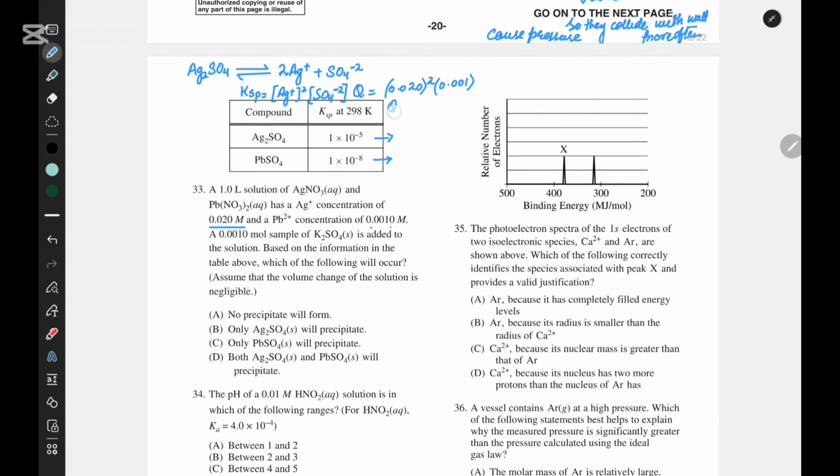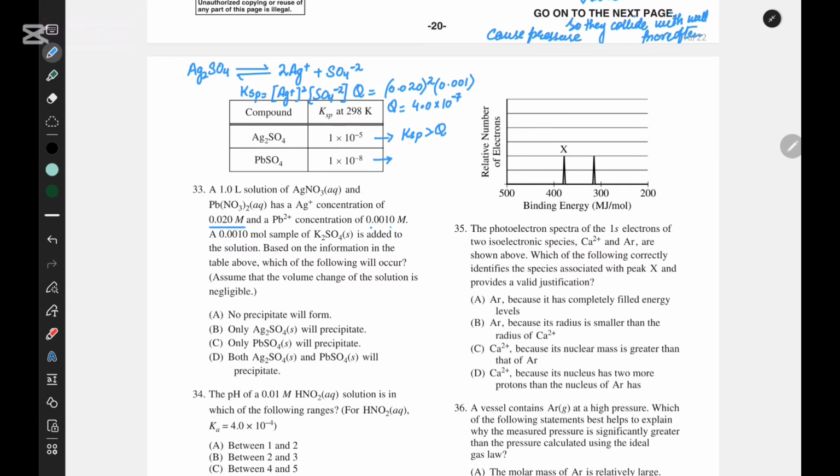So Q comes out to be 4.0 times 10 to the power minus 7, and you compare this Q of Ag2SO4 with the Ksp. You can see that Ksp is greater than Q. If Q is smaller than Ksp, then what happens?